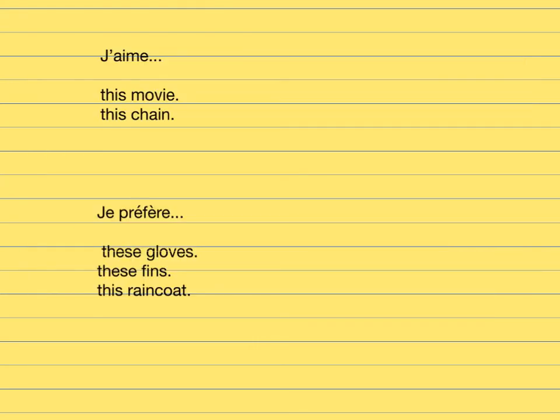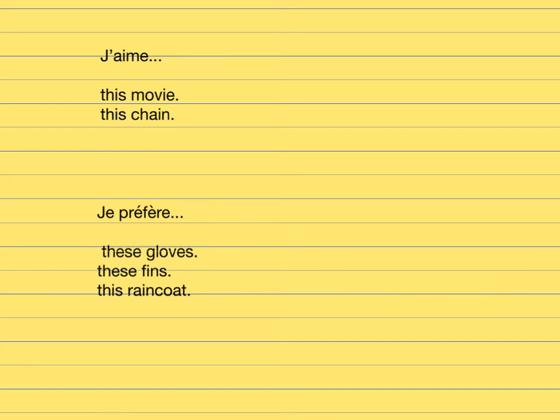So let's take a look. We have things that we like and we prefer. Okay? J'aime this movie. Okay? Do you remember what movie is? We saw that a little bit earlier. Movie, film, is masculine. So would you use ce, cet? Which one of those would you use?